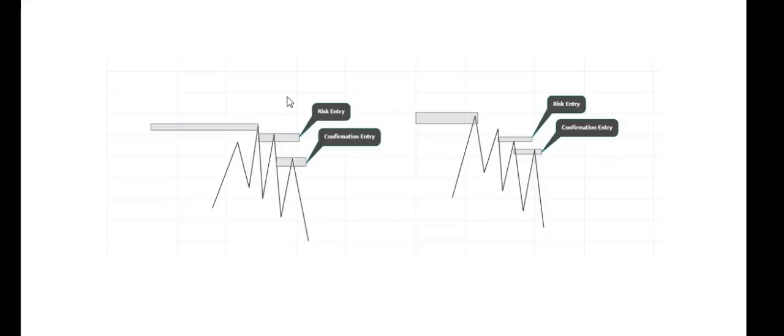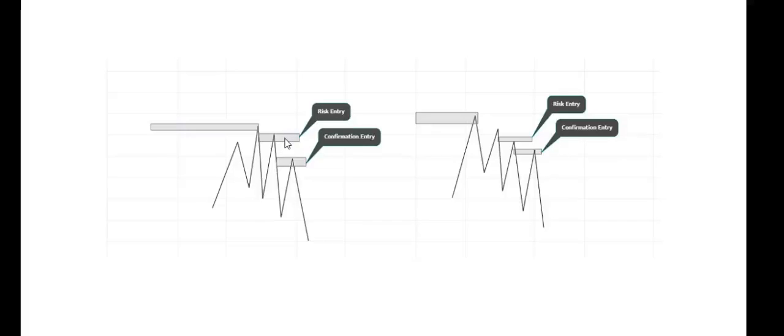All right, you cannot know. There's no way you can know that. Okay, and so this point of interest here is a risk entry. This is a risk entry, guys. Why is it a risk entry? It is because there is no form of confirmation to show to us that this point of interest is going to hold up price.